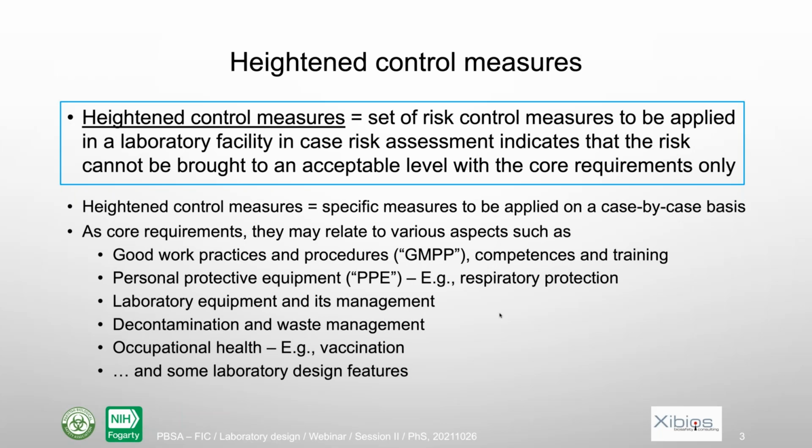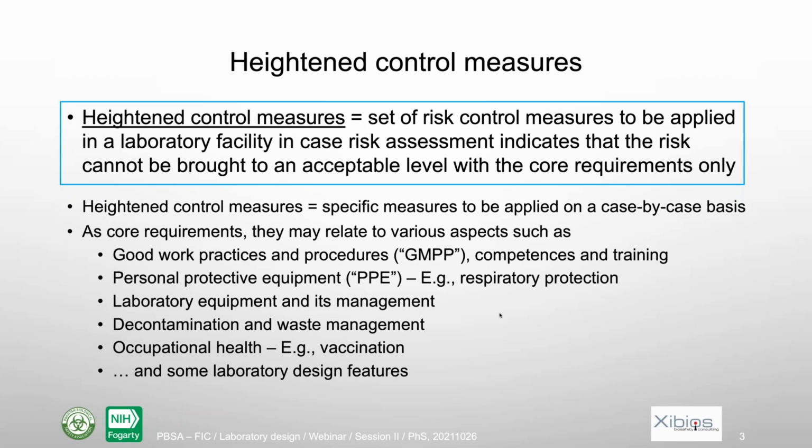And these control measures could also relate to different aspects, such as good work practices and procedures, competences and training, also to personal protective equipment, like respiratory protection that we usually don't wear, but in some cases we might need to wear it. Also laboratory equipment and management, also to decontamination, we might require some more specific decontamination techniques, and also waste management, we might require some higher level autoclaves, for instance, and so on.